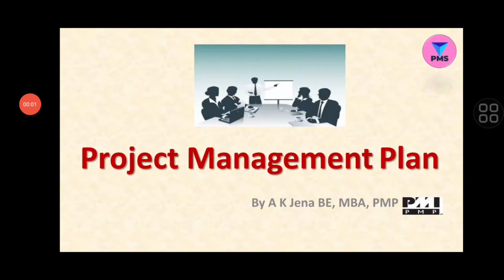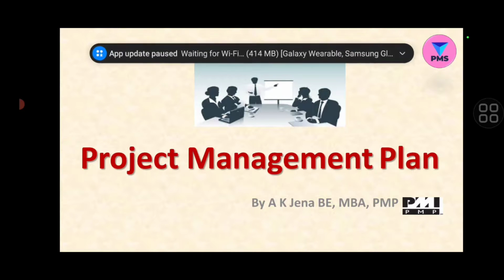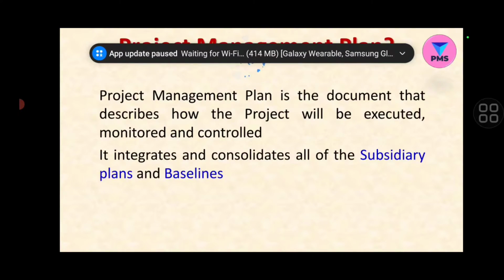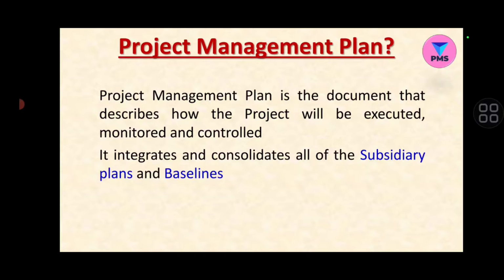So here it is, friends, the project management plan. It is basically an overview sort of thing, and I will cover this in a few slides. The project management plan is the document that describes how the project will be executed, monitored, and controlled. It integrates and consolidates all of the subsidiary plans and baselines.